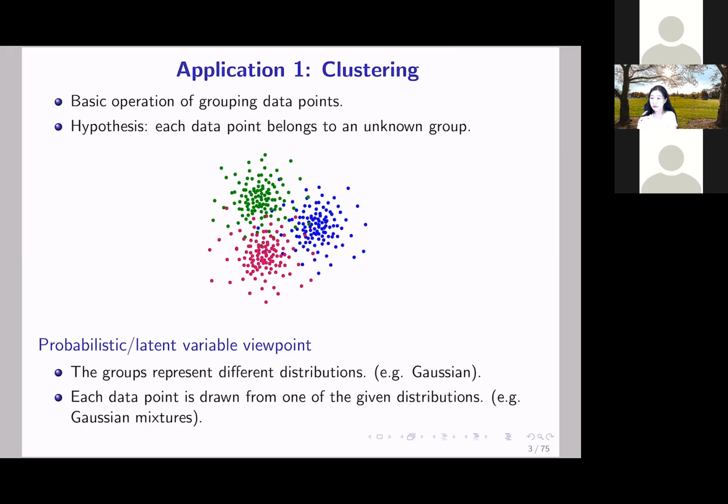For example, you have Gaussian distributions for each of the subpopulations, and each data point is drawn from one of these given distributions, right? So this, for example, could be a Gaussian mixture. However, this is some kind of underlying model you're making an assumption on, right? In practice, the data is not necessarily coming from actually a mixture of Gaussians. Okay.